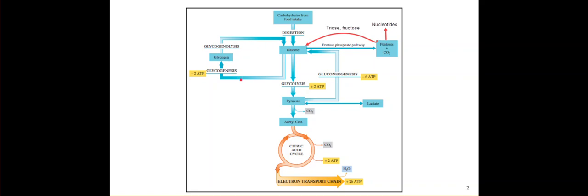This is where we get fat in our bodies from. So the excess glucose can get converted into these glycogen polymers through a process called glycogenesis. So glyco, like glycogen, genesis, making it. And so this is where it stores the excess glucose as glycogen.